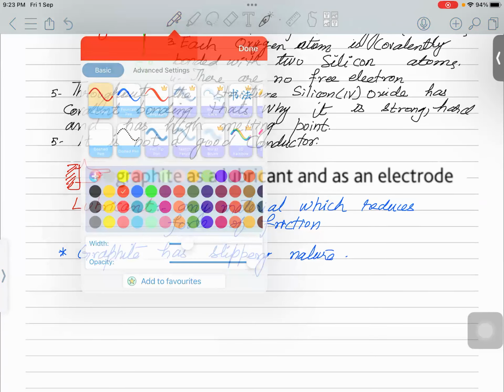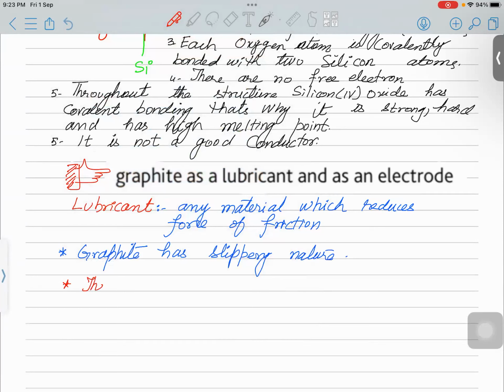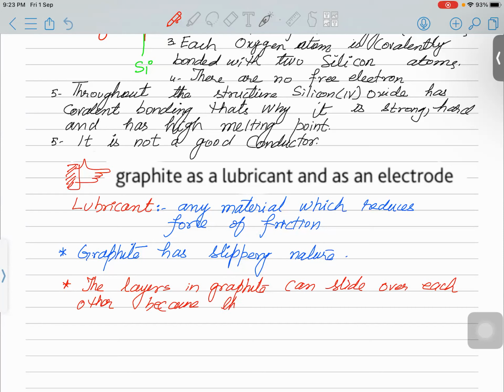Next, the layers in graphite can slide over each other because they have weak van der Waals forces, because the forces between them are weak.